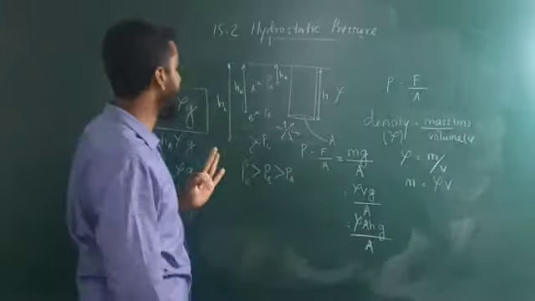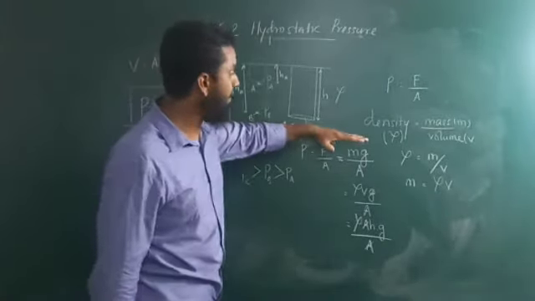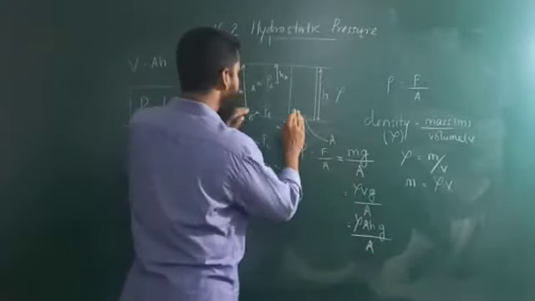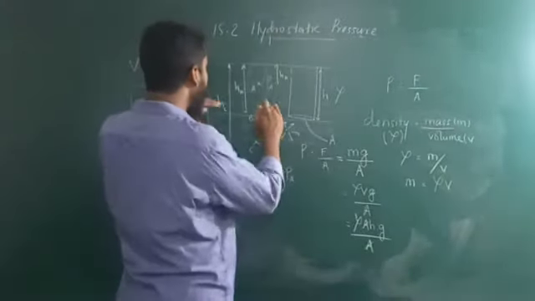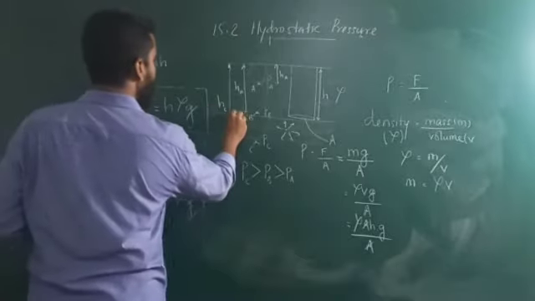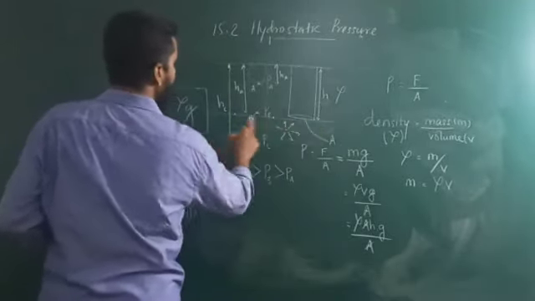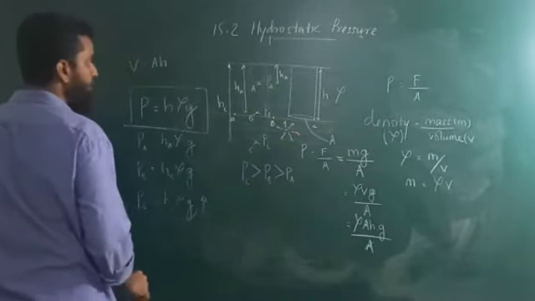The third point: if you consider a horizontal level inside a liquid, not in different liquids, inside a liquid, think about the h. At these points A, B, C, if A, B and C are the points here, what is going to happen?